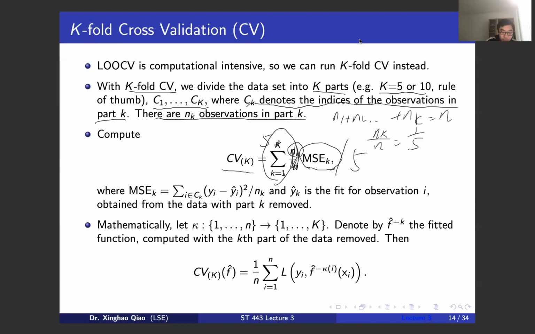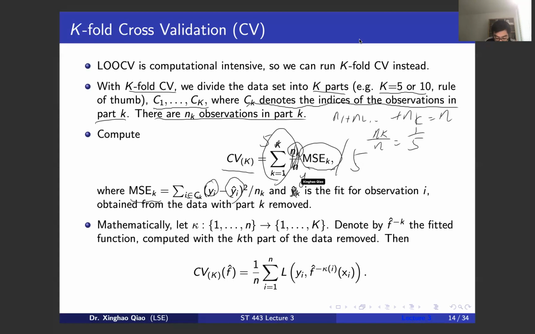In terms of the MSEk, that is for each observation belonging to the k-th part. yi is the true value for the response, and yi hat is the fitted value for observation i from the k-th part. So how do we obtain the fitted value? This yk hat is a typo.